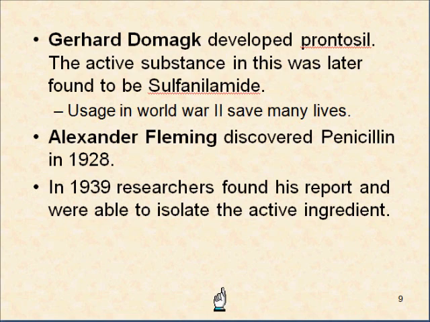In 1939, researchers found his report and were able to isolate the active ingredient, and thus penicillin became a very important antibiotic. In fact, many antibiotics still used today are derivatives. Certainly in dental practice, good old penicillin was used all the time.